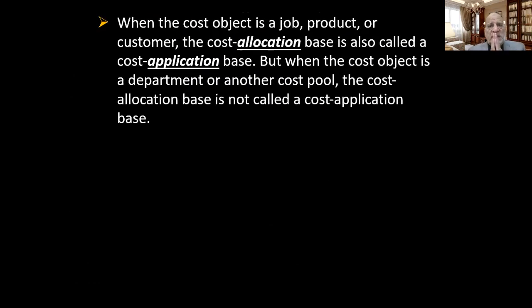When the cost object is a job, product, or customer, the cost allocation base is also called a cost application base. But when the cost object is a department or another cost pool, the cost allocation base is not called a cost application base.